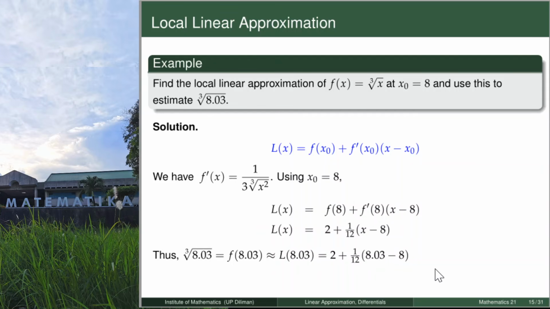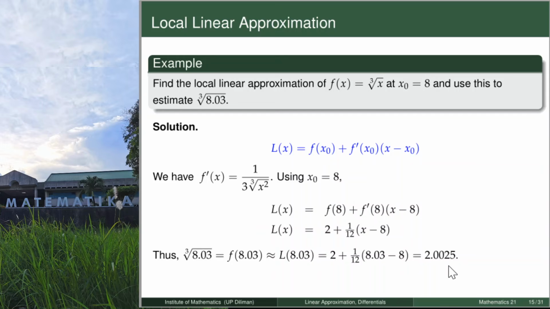So what is our final answer? Should it be in fractions or in decimals? It's better to write it in decimals because we want to have a numerical estimate. Okay, so 0.03 divided by 12. To make it easy, what you can do is to write 0.03 as 3 times 0.01. So 3 over 12 is 1/4, and that's 0.25. And then multiply that by 0.01, then you get 0.0025. Okay, so plus 2, then the answer is 2.0025.